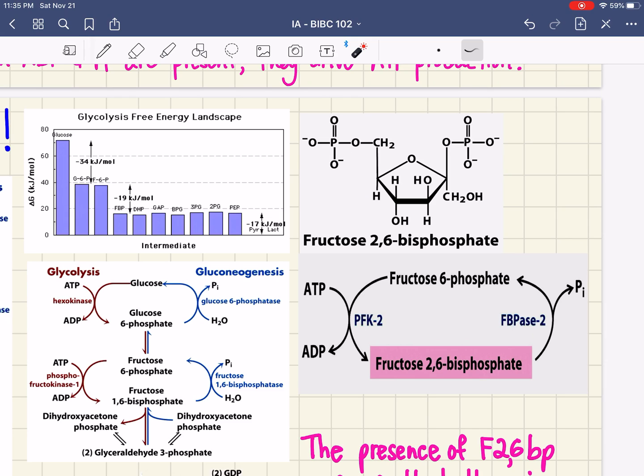Then, to take fructose 2,6-bisphosphate and turn it back into fructose 6-phosphate, we have this enzyme, fructose 2,6-bisphosphatase. Sorry, that took me a while. Yes, fructose 2,6-bisphosphatase 2. So you see how on this left side we have fructose 1,6-bisphosphatase 1.